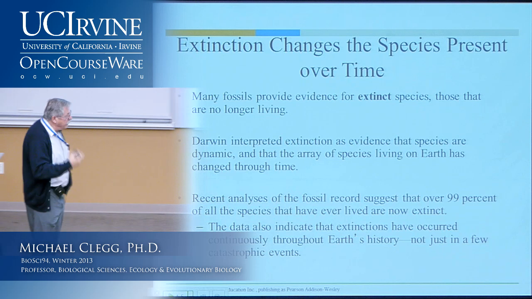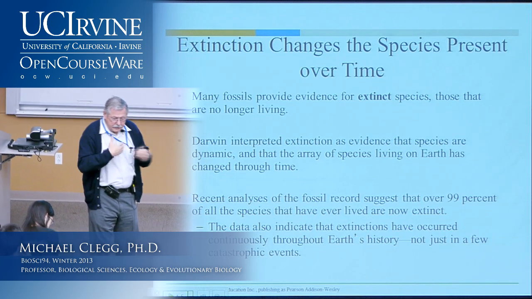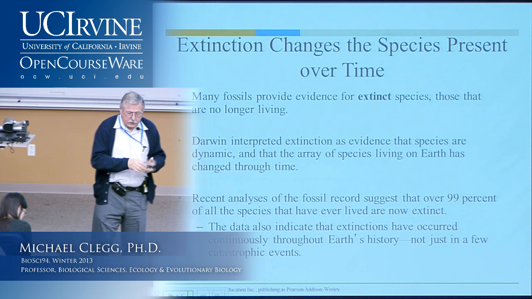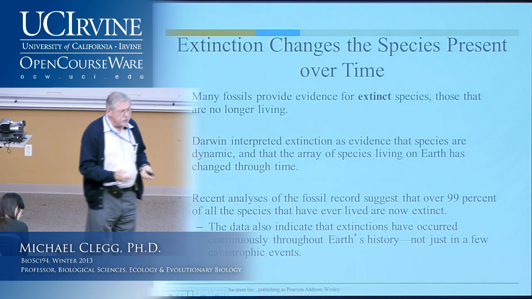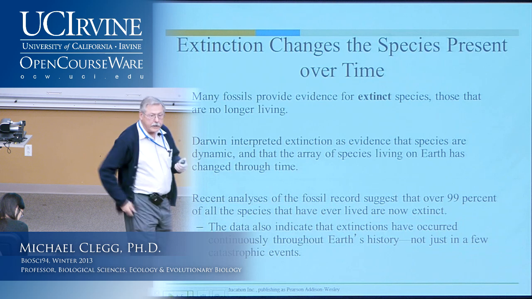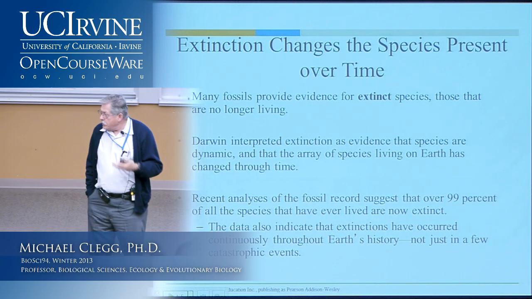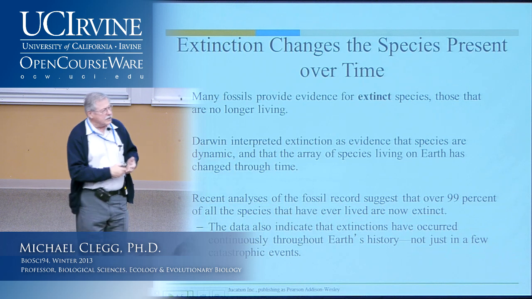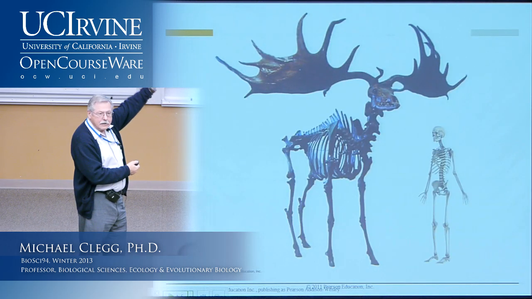Now, one of the pieces of evidence for lineal descent and evolutionary change is extinction. There are lots of organisms that we find in the fossil record that don't occur on the Earth today. We'll see an example, the giant elk.